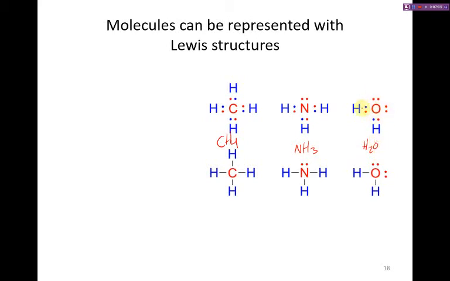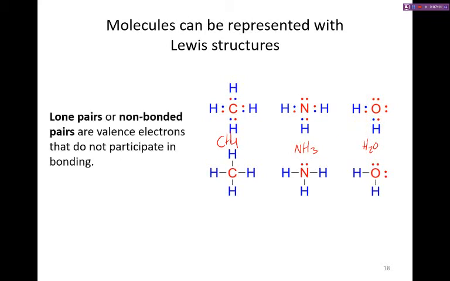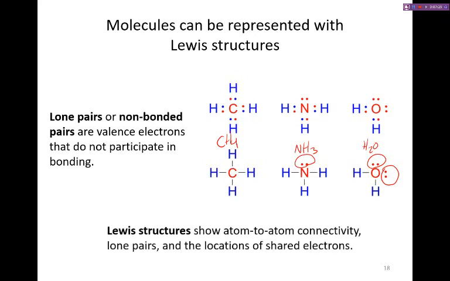It's going to share 2 of them with hydrogens to form water. And we see that there's a distinction. In 2 of these molecules, they have what we call lone pairs of electrons. And these don't participate in bonding. So what we do see here is that the Lewis structures show the connectivity of the atoms and the lone pairs and the locations of those shared electrons.